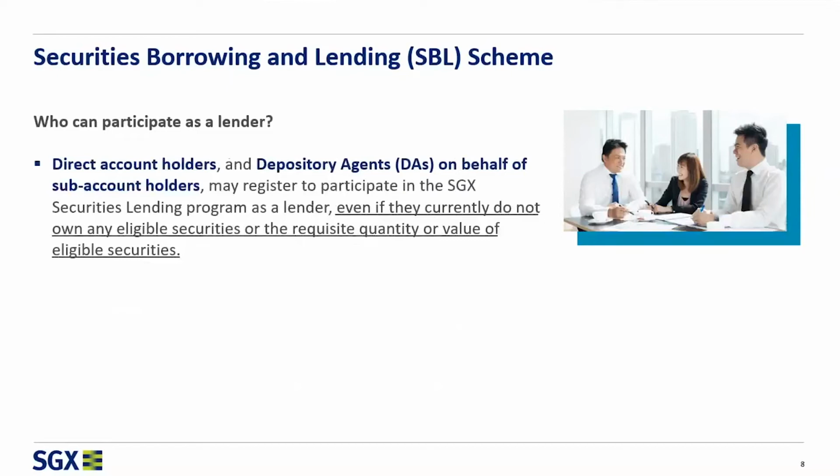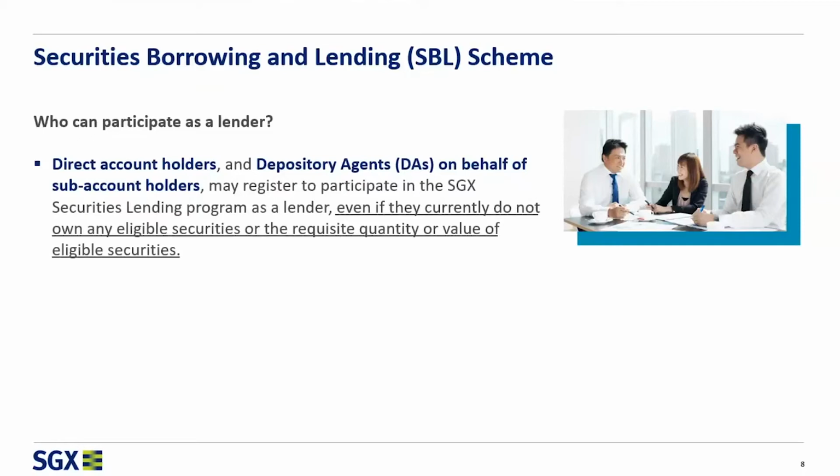Next, who can participate as a lender? Direct account holders such as you and I can participate as a lender. As long as we have a CDP account, we are direct account holders and can participate as lenders ourselves. Some people might say, hey, I have some stocks that are pledged with my bank or broker.